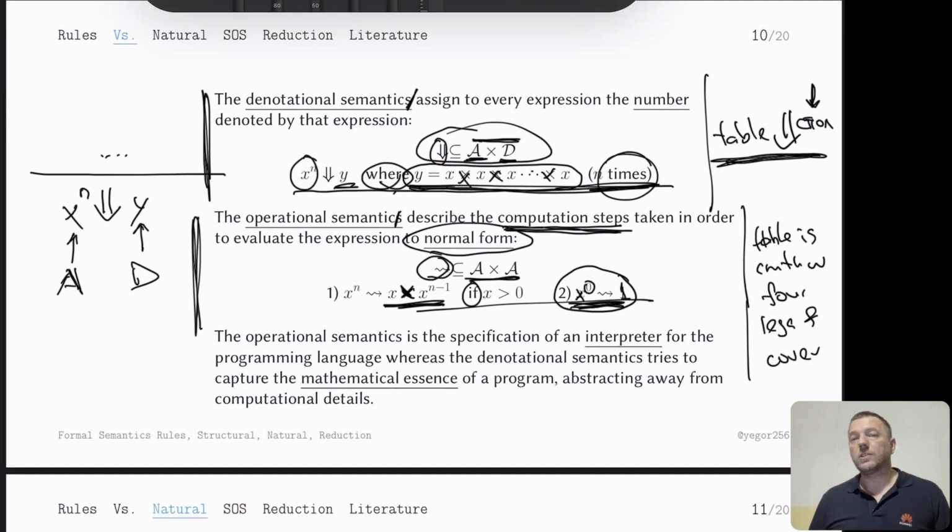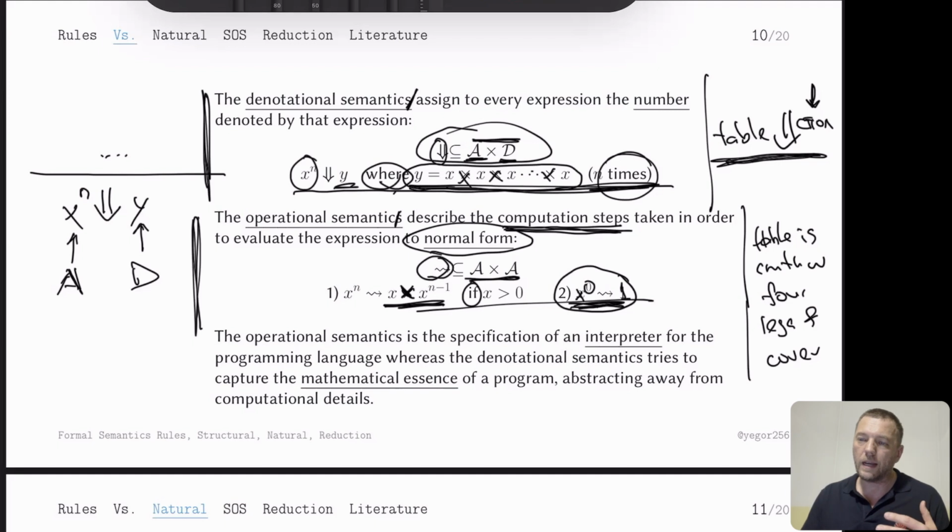So when you describe your programming language, and if you do it scientifically, if you do it formally, then you will have to use some semantics, either operational or denotational, or maybe both. Sometimes people use both in order to give a better explanation of how the language works. But you cannot skip that.